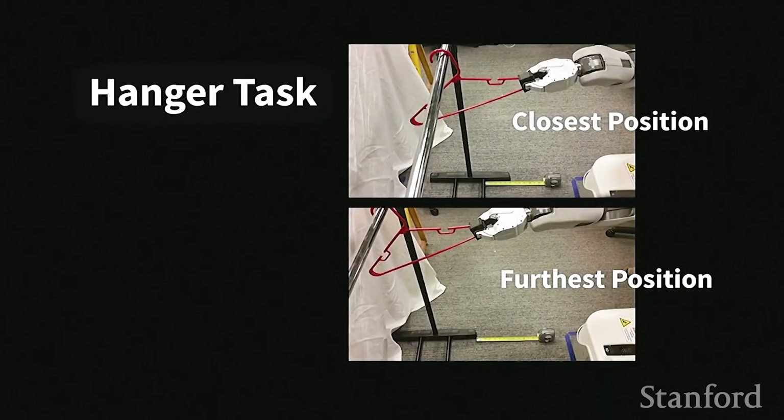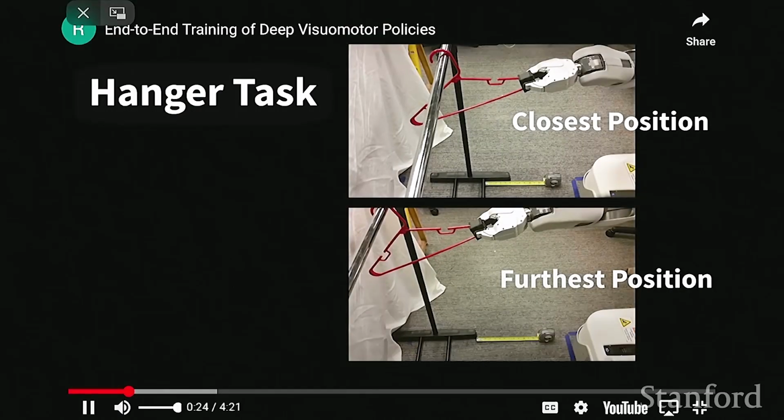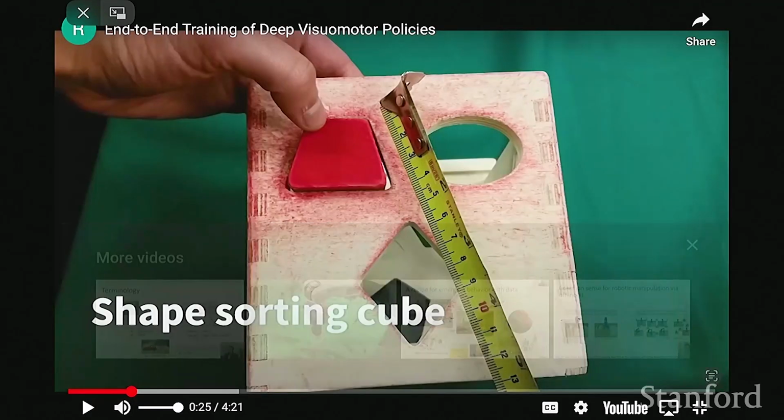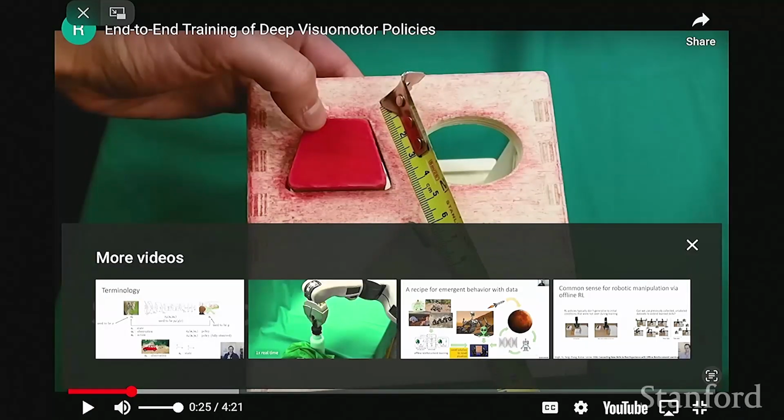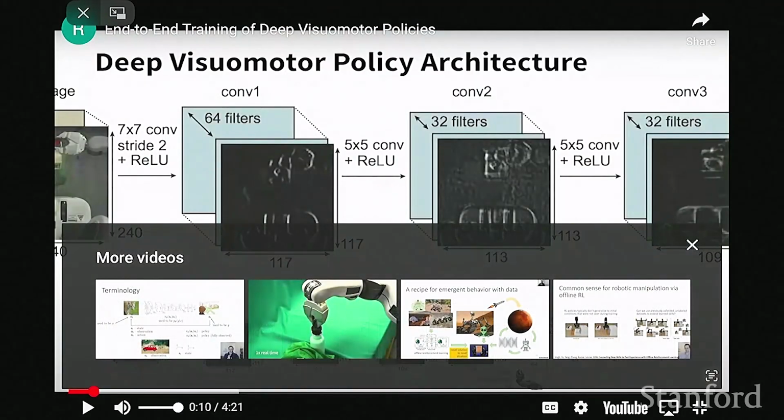What you can see there is that they showed a big network, and what they're trying to do is go directly from pixels to learn what the robot should do. This is one of the first examples of people trying to do this directly from images.